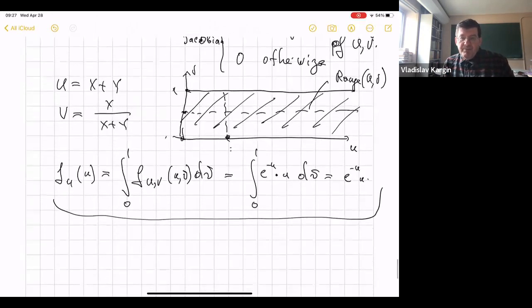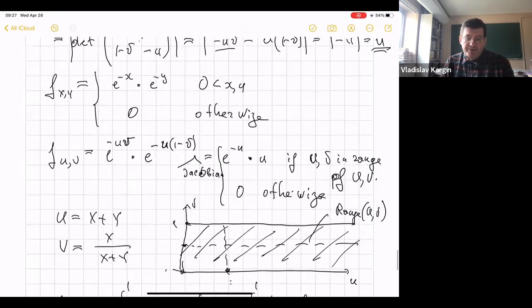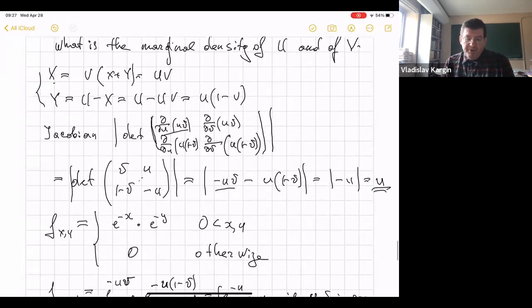Okay, so this might be an overcomplicated example. The point of this example is that the previous example was not quite good, because the Jacobian of the transformation in the previous example was equal to 1, so you didn't really need to multiply by anything.